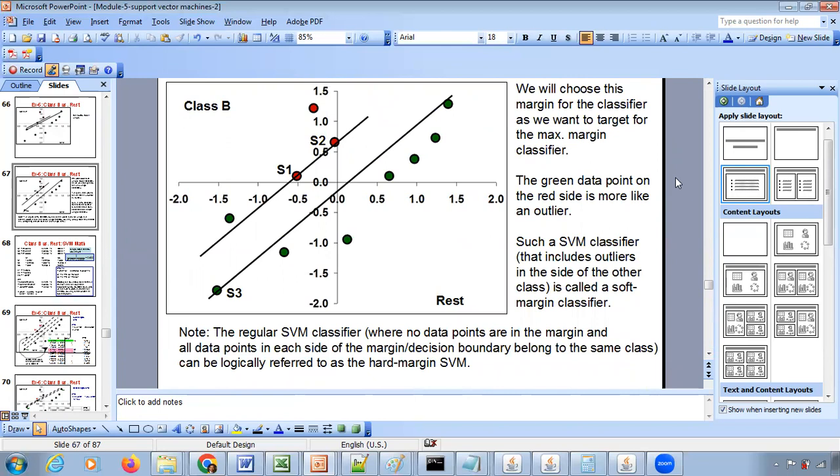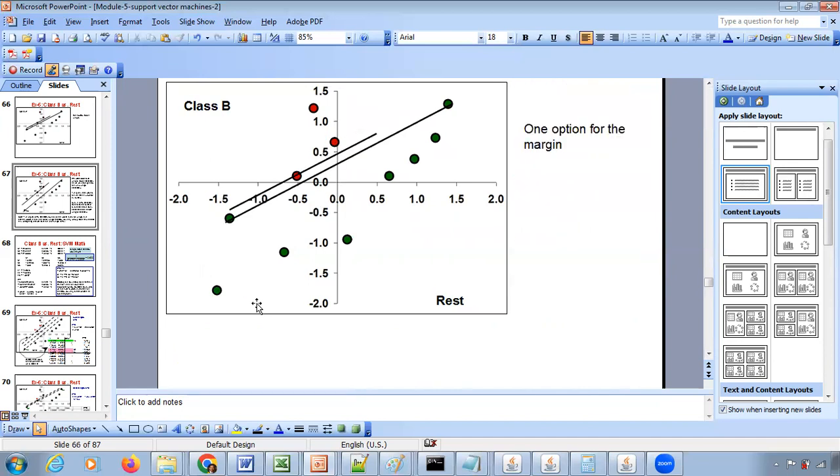So this scenario or example will illustrate the trade-off between soft margin and hard margin support vector machine. By just allowing one data point to be an outlier and building a soft margin support vector machine, we are able to build a wider margin classifier, and that is likely to be more accurate compared to this narrow hard margin support vector machine.